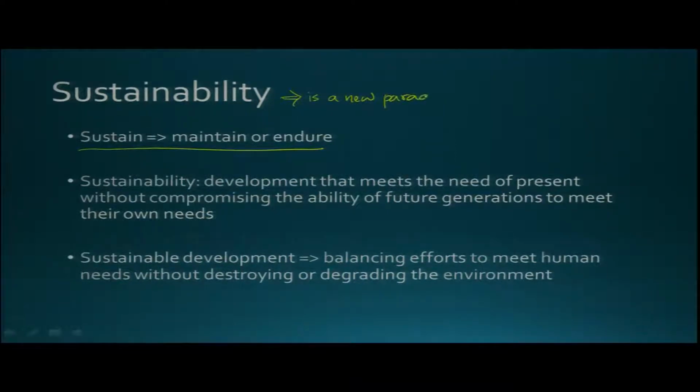Sustainability is a new paradigm in manufacturing. The concept of sustainability has been there for a long time, but it is a new paradigm in manufacturing, purely because organizations face diverse challenges.